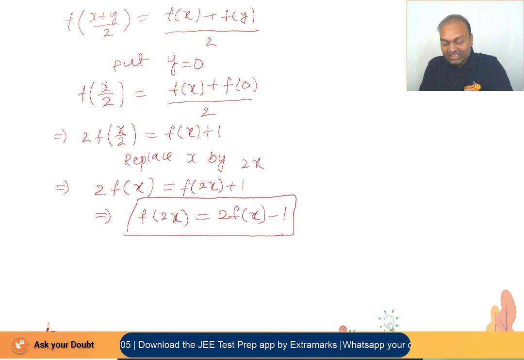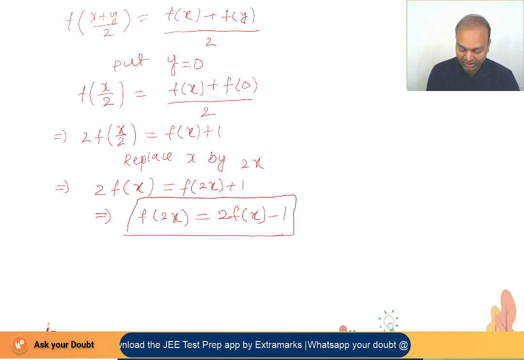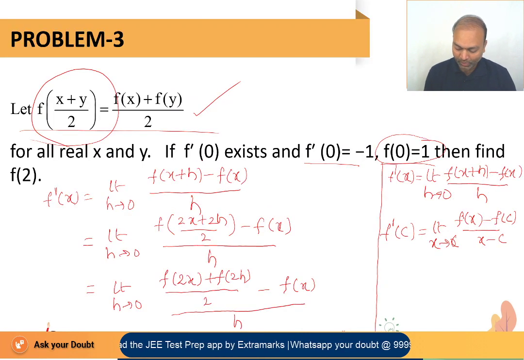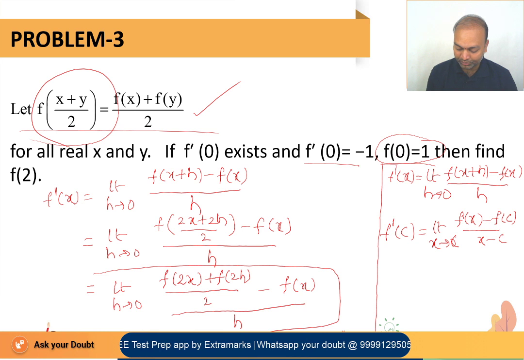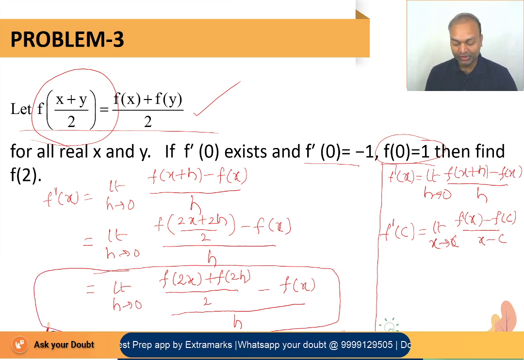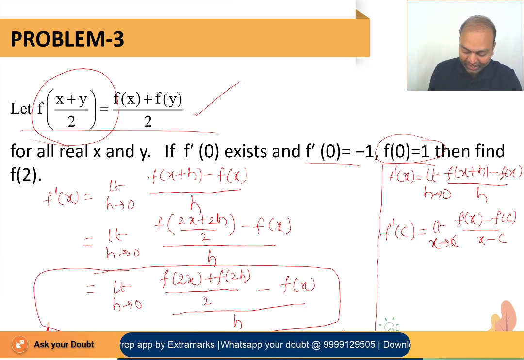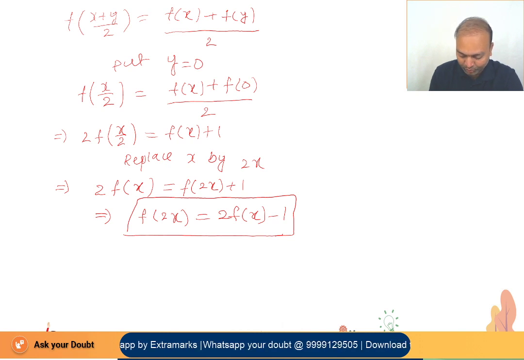This value you substitute in that limit part. See here, where you substitute in this part. Okay. Now, f dash of x is equal to limit h tends to 0.